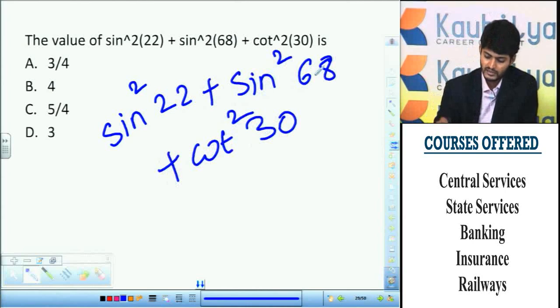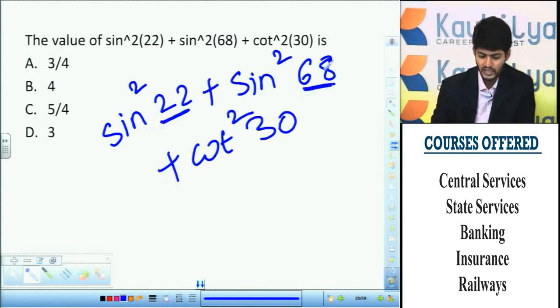So similarly I can write this 68 as, you can see the pairs how they are given, 22 and 68. That means if you want to convert this 68 into 22, this sin will become cos, or if you want to convert this 22 into 68, because these are complementary. Whenever I am saying complementary angles, they add up to 90 degrees, and whenever I am saying supplementary, they add up to 180. So 22 and 68 are complementary.